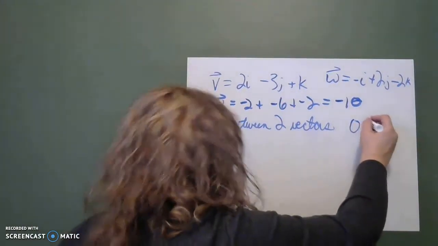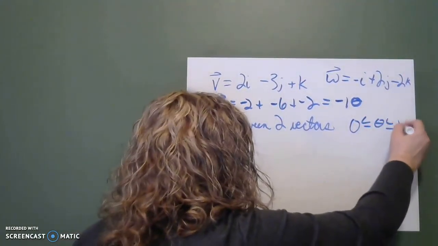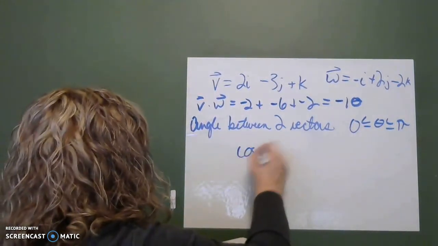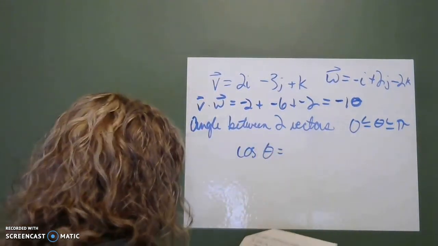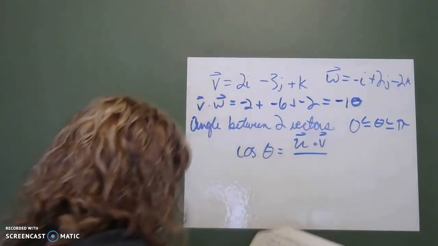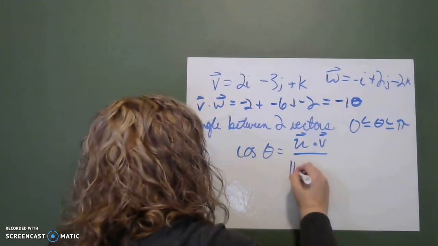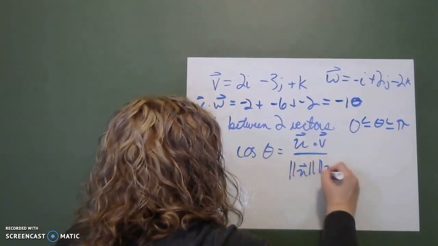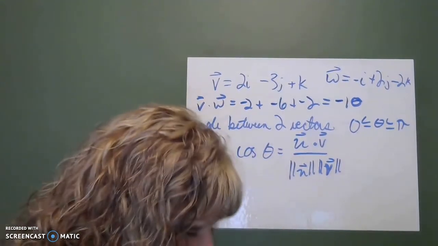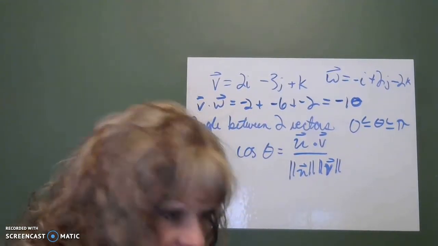This is for when you've got theta between 0 and pi. What you can do is take the cosine of theta, and that's going to be equal to one vector dotted with another one divided by their magnitudes. Okay? And with that, you can find a lot of other optional things.